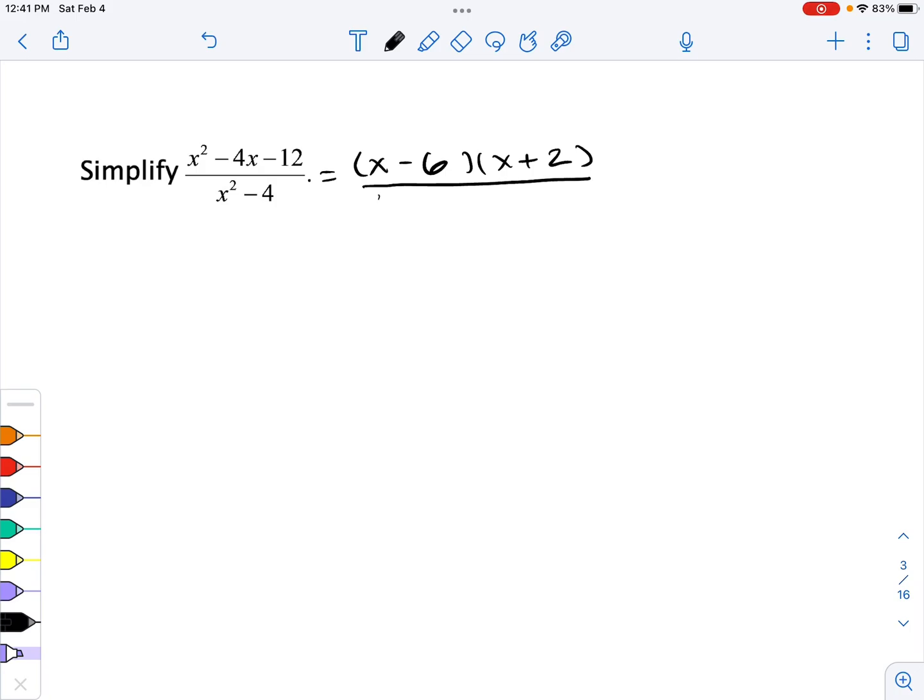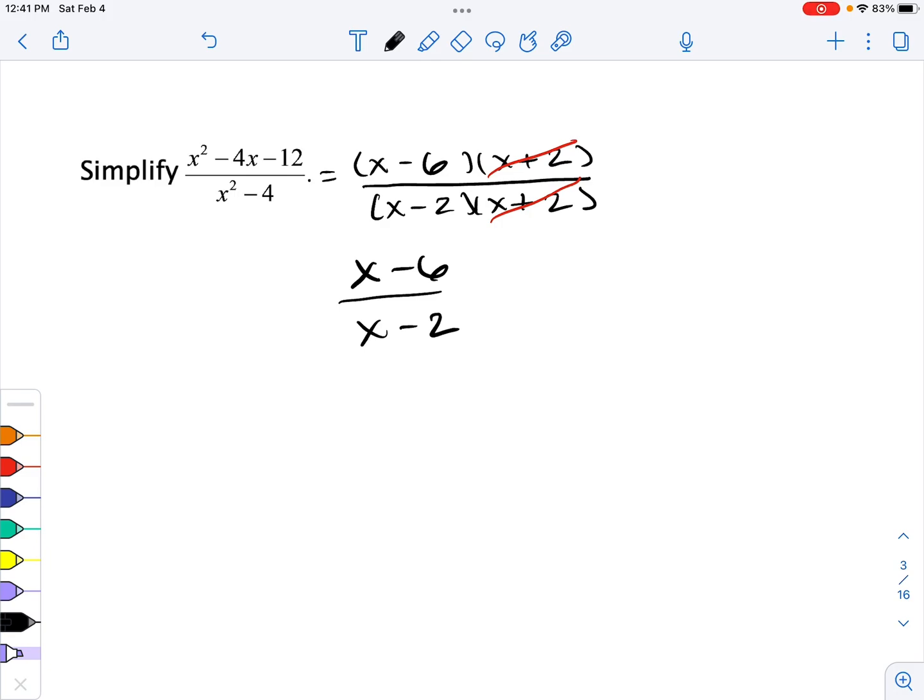And the denominator is going to be a difference of two squares, x minus 2 and x plus 2. All right, notice we have two binomials that can divide out. So we're going to go ahead and cross those out. And the answer is going to be x minus 6 over x minus 2.